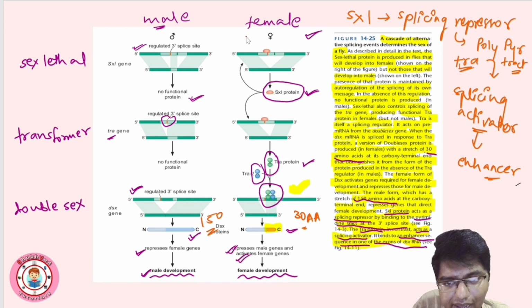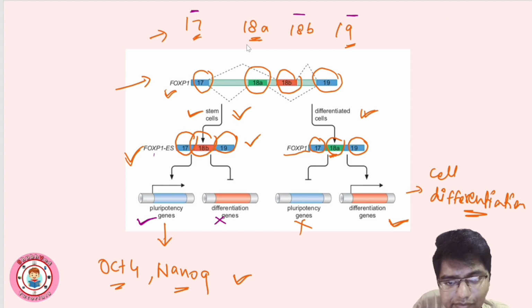In females, protein factors are made: SXL, transformer and DSX, which are the regulators of splicing. One is a negative regulator, one is a positive regulator. And in the last case, we saw stem cells and differentiated cells, how we can induce pluripotency. So this is an example of regeneration, right?